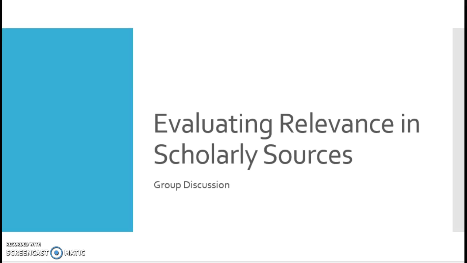They are written by experts in the field, so you can feel pretty confident about who's writing these resources. So you don't have to judge them in quite the same way, but you still have to determine whether the source is relevant to your topic area. And that can be a very difficult thing to do. And so this group discussion gave you some practice in doing that.